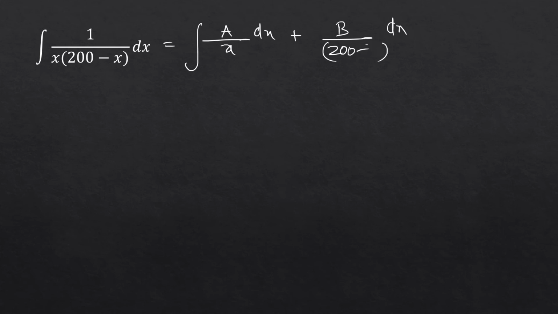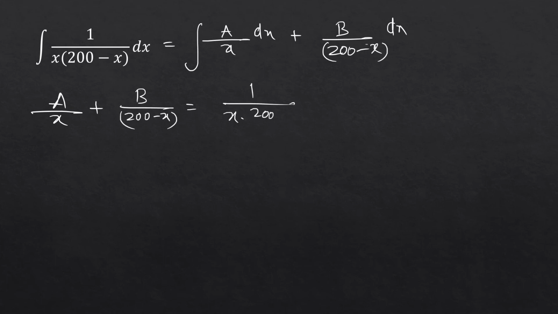Okay, so let's find the value of a and b, guys. What I have said before, we will first write it as a over x plus b over 200 minus x should be equal to 1 over x times 200 minus x. Okay, so I'm multiplying both the sides by x times 200 minus x, which will give us a times 200 minus x plus bx is equal to 1.